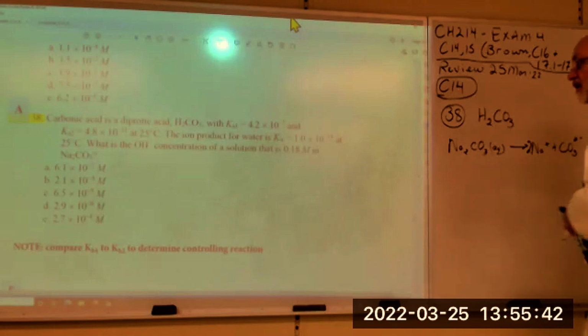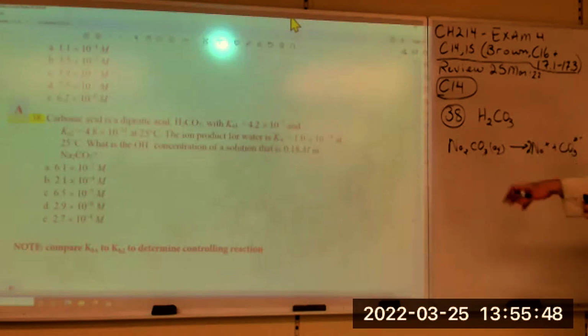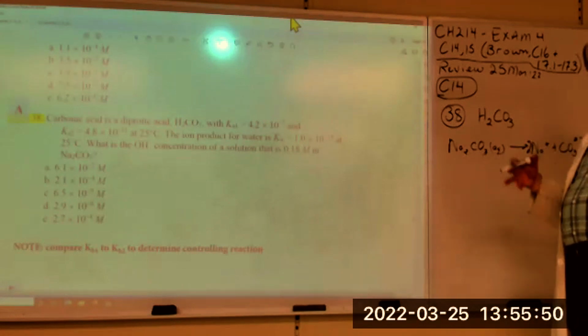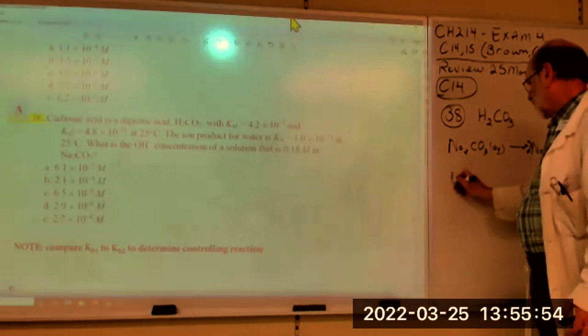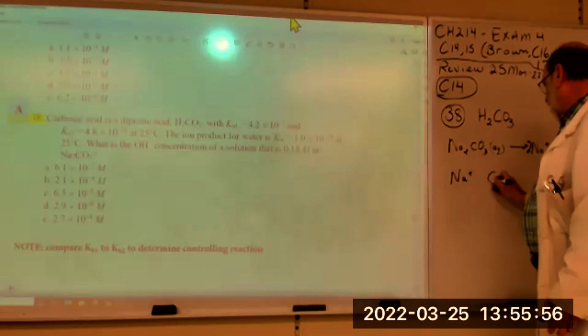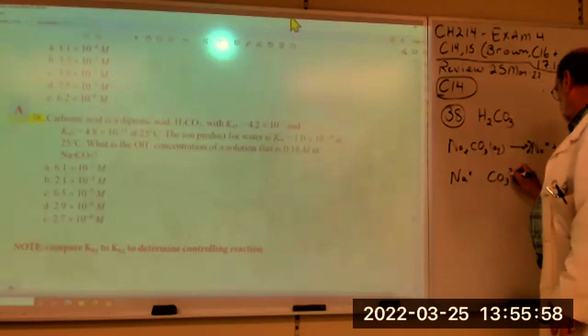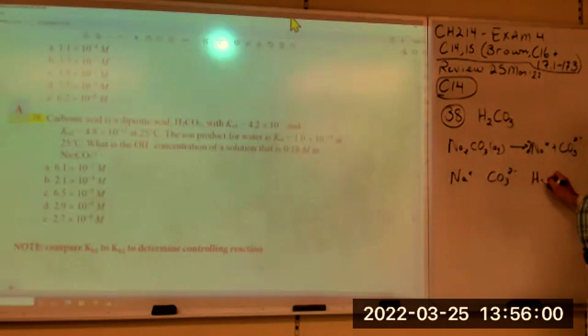Now you ask yourself, in this solution, after this dissociates, what are the major players? What are the ions? Well, we got sodium, of course. We got carbonate. And we got water. That's it. Those are the major players.